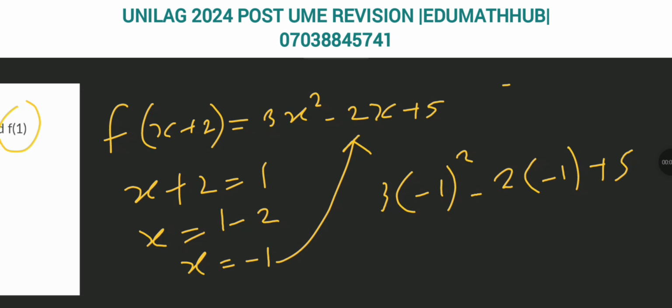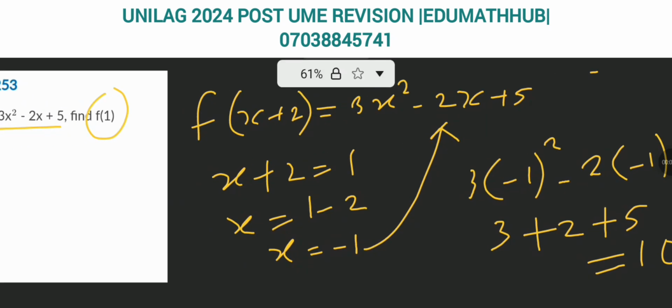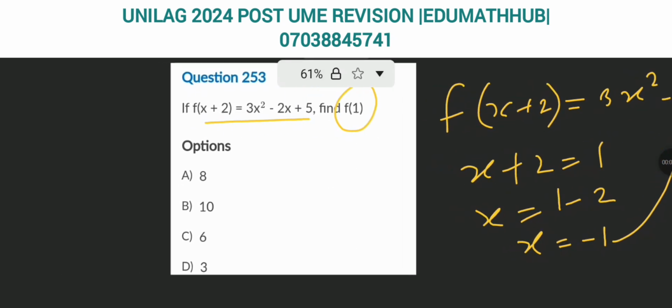Just simplify that. Minus 1 squared will give you 1. So 3 times 1 is 3. Then minus 2 times minus 1 will give you plus 2. Then the next part will be plus 5. Add everything together, that will give you 10. So f of 1 will give you 10. Look for 10 in the options. Then that will be your answer.